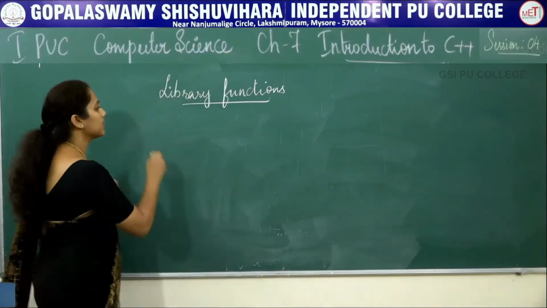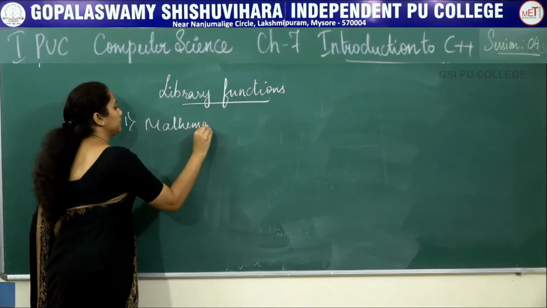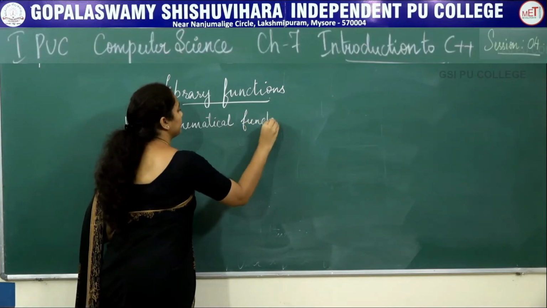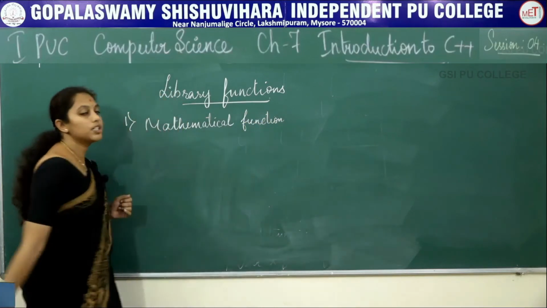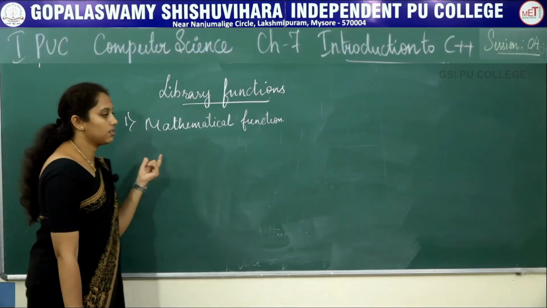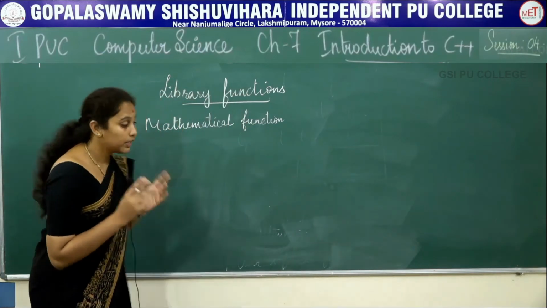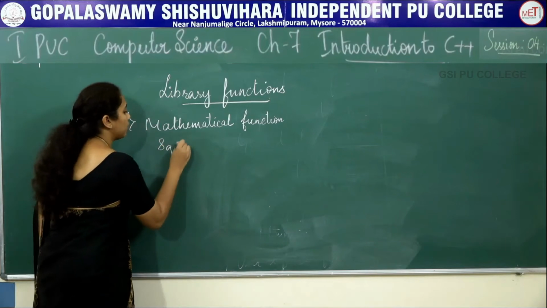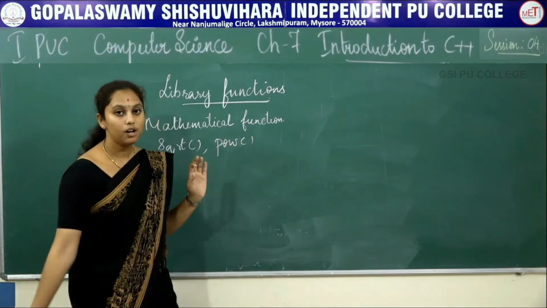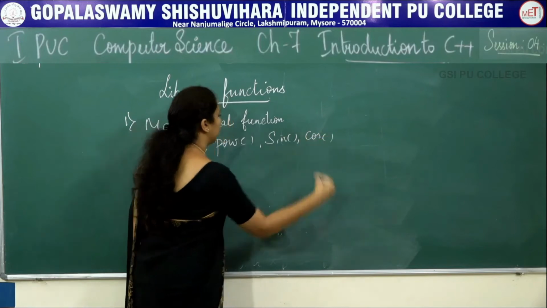The first one is mathematical function. Mathematical functions are used to perform mathematical operations like finding the square root of a number, the power of a number, or the sine or cosine of a number.